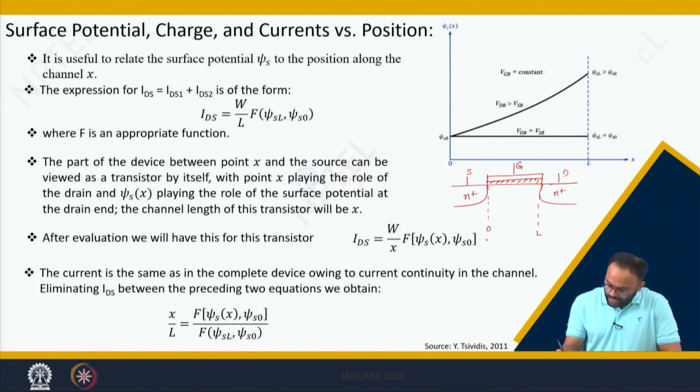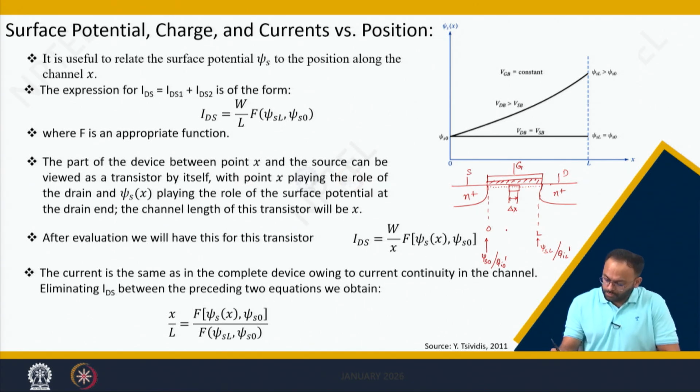What we said is that at point 0 our surface potential is psi S0 and the inversion charge is Qi dash 0, whereas at point L, which is near the drain, the surface potential is psi SL and the inversion charge is Qi dash L. We derived this equation considering that the inversion region is present throughout the channel, and we assumed a small factor of delta x and integrated between 0 and L.